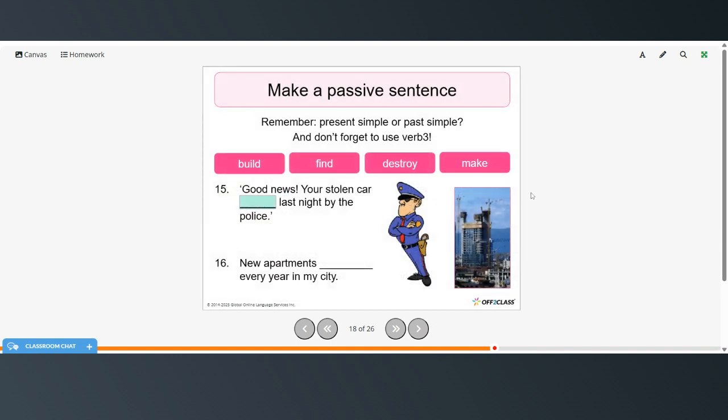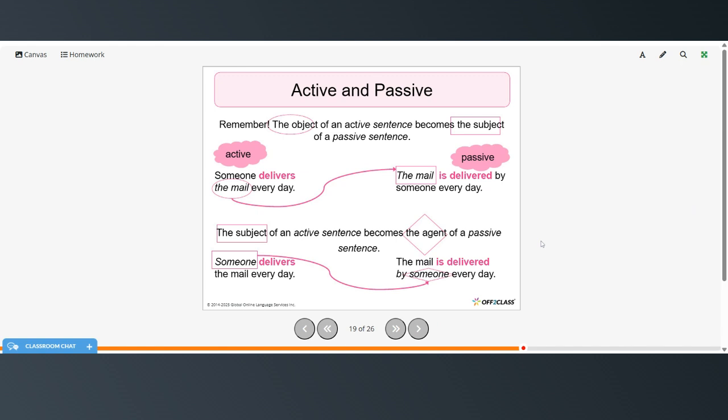Good news, your stolen car was found last night by the police. New apartments are built every year in my city. So remember that the object of an active sentence becomes the subject of a passive sentence.